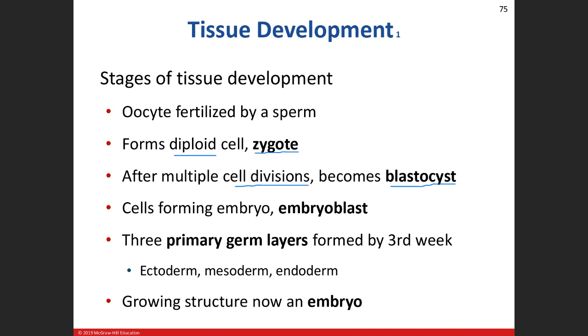Now there's a lot of things that occur, but up until the third week of development, through these divisions and this development of the tissue, we eventually form 3 layers of tissue, and we call those the primary germ layers. This happens at week 3.